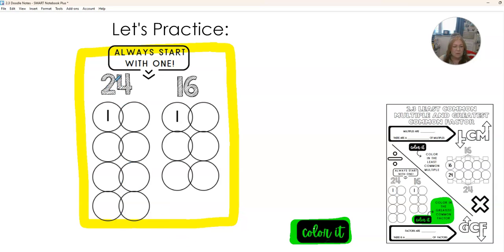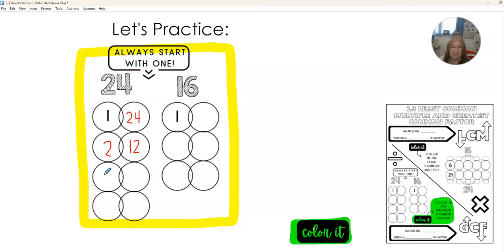Okay. So 24 divided by 1 is 24. Now we're going to ask, can 2 go into 24? Yes, because it's even. We count 2, 4, 6, 8, 10, 12, 14, 16, 18, 20, 22, 24. So that was 12 times. Now I'm going to ask, can 3 go in there? 3, 6, 9, 12, 15, 18, 21, 24.